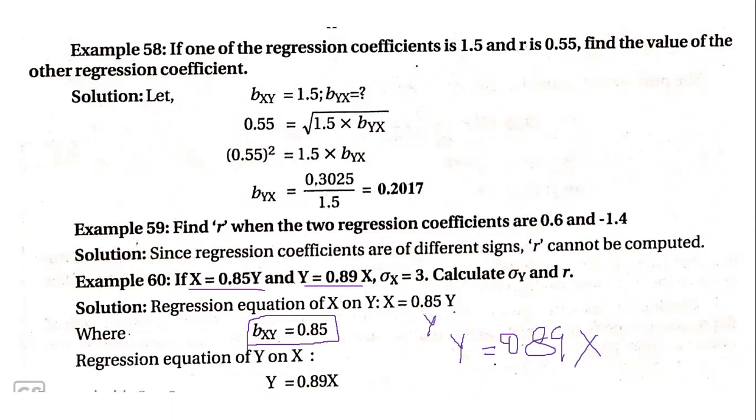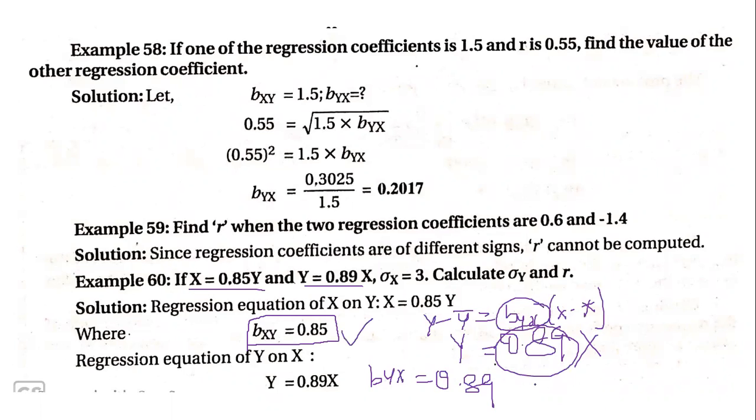Y minus y bar is equal to byx into x minus x bar. So in the place of byx, I have 0.89. So I can say the other coefficient byx is 0.89. Okay, now I know the regression coefficients, that is bxy and byx.